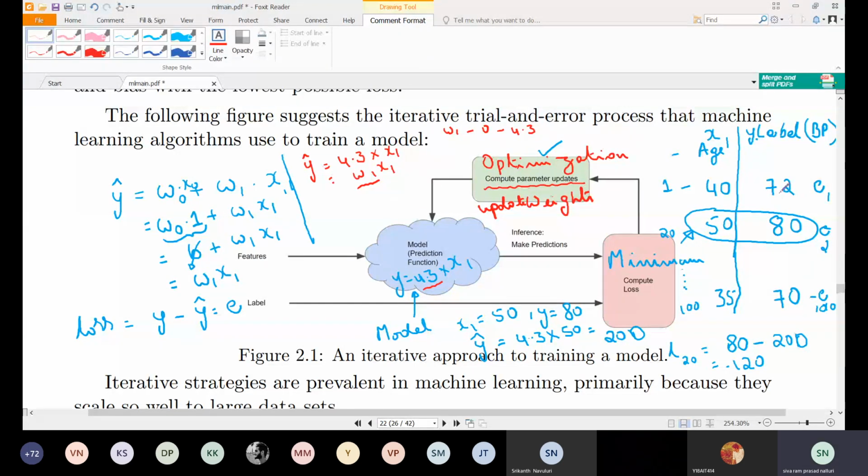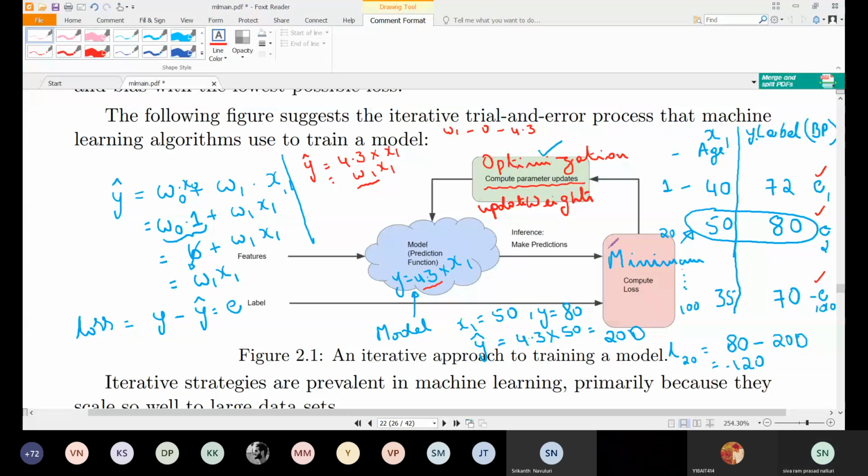Say first example, 40 years age, what will be the predicted BP according to the latest model? Again, second person's age, what will be the predicted value? Like that you calculate error for all the 100 examples.